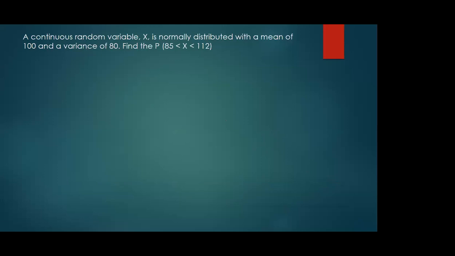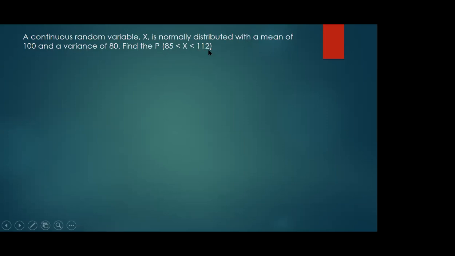All right, so this question says now a continuous random variable X is normally distributed with a mean of 100 and a variance of 80. Find the probability that X is between 85 and 112.